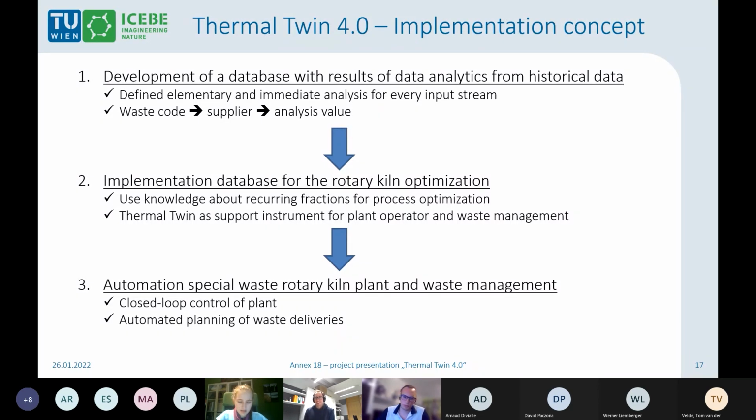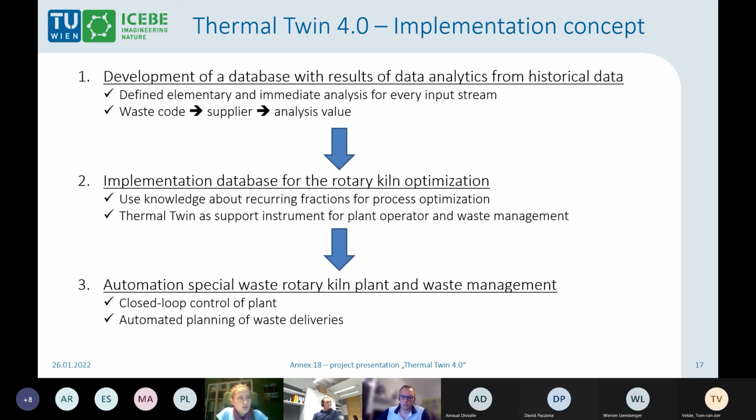Yes, thanks for the interesting presentation. You said it, or Felix, I think you said in the end, it's to improve the control, but also to improve the operation, right? To make it more smooth with less peaks and less changes in, I don't know, flame temperature and flue gas temperature and that stuff, right?